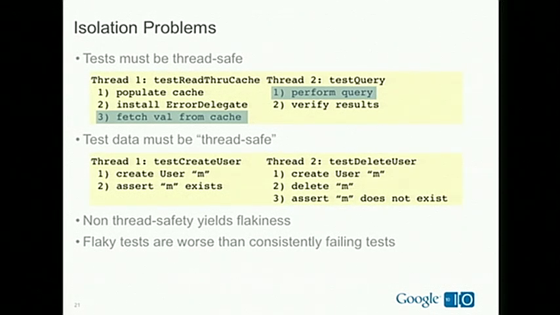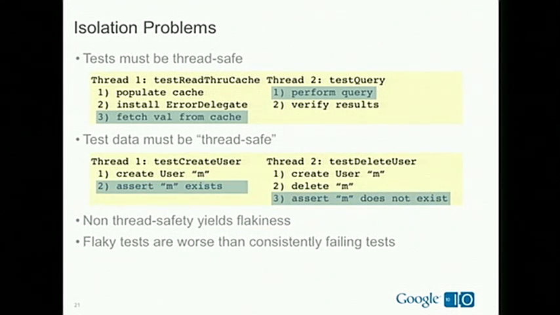Another example that we need to think about here is that your test data needs to be "thread safe." In these examples here, we might have one test that creates a user, another test that deletes a user. And if they get to these two points at the same time, where the creation test is asserting that something exists after the deletion test has gone ahead and done its deletion, again, we're going to get a test failure in a way that we didn't expect, right?